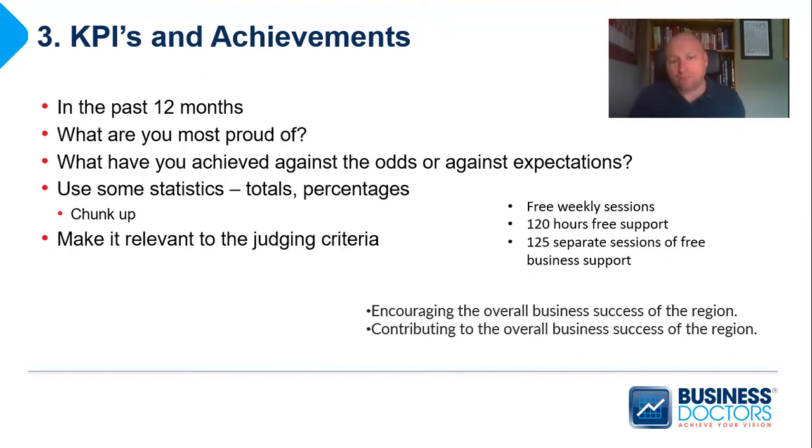And make it relevant to the judging criteria we talked about before. If you're Business Person of the Year, maybe you're encouraging overall business success in the region. So it's not just about your business. It might be about what you've done for the wider community, how you've brought other people together, because that's as important for that criteria as your own business, because it's business person.